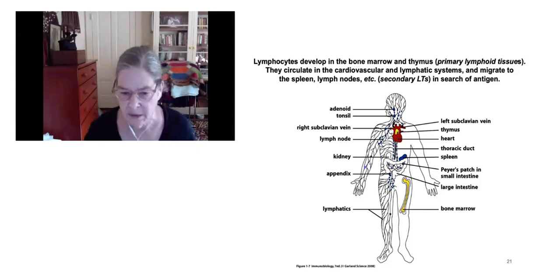And what you have here are your lymphoid vessels, which drain all of your tissues. Your heart is pushing blood out through your arterial system. The arteries get smaller to become arterioles, then smaller still to become capillaries.